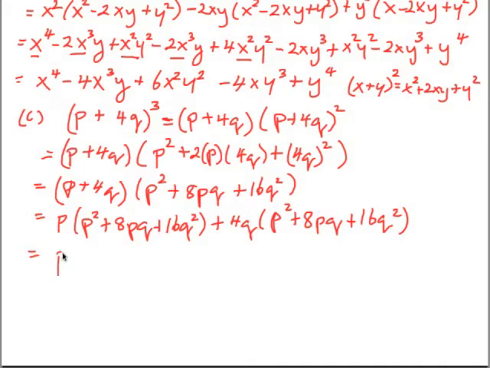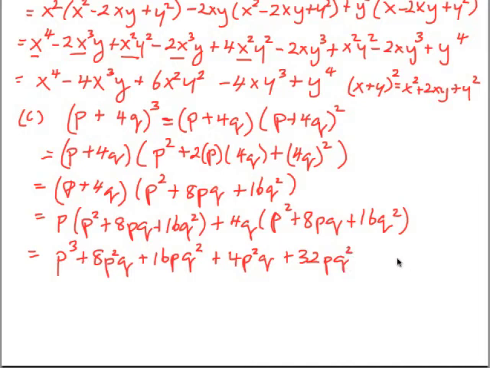Alright, so in this case we get p cubed plus 8p squared q plus 16pq squared plus, we have here 4p squared q plus 32pq squared plus 64q cubed.